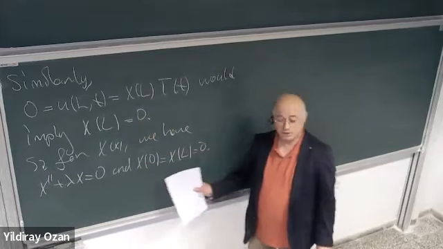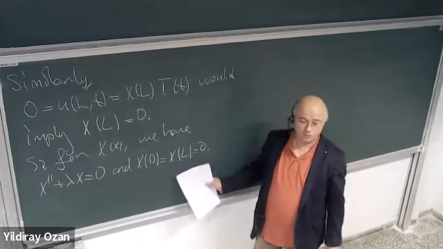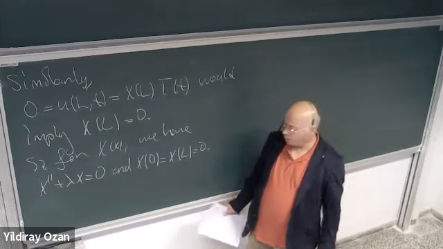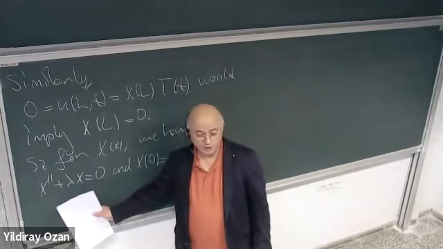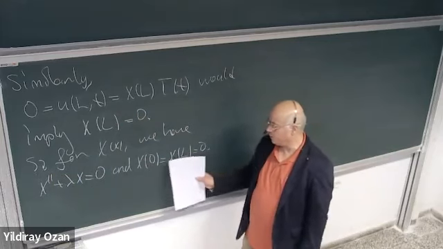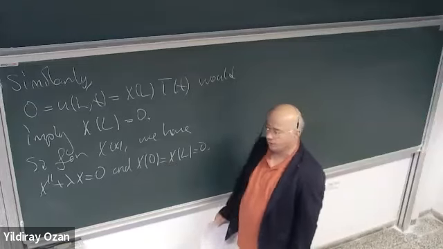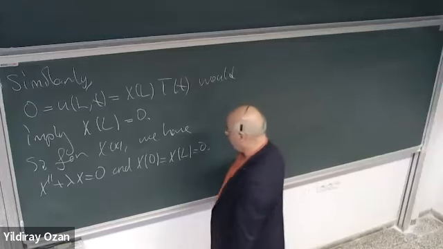Note that this is not an initial value problem. This is a boundary value problem, right? We are looking for a solution of this equation so that at the two points at the ends of the interval, these two are equal to 0. All right, how can we solve this?